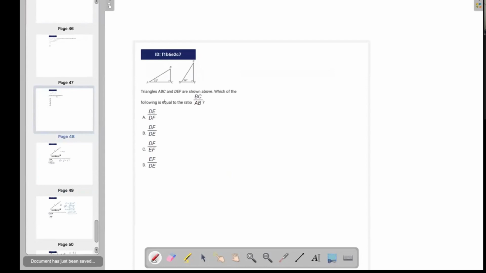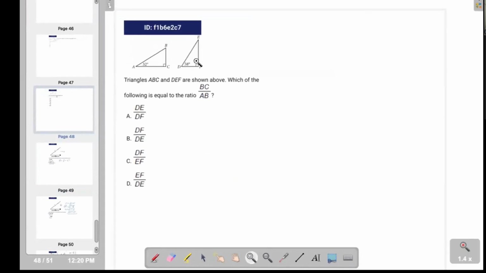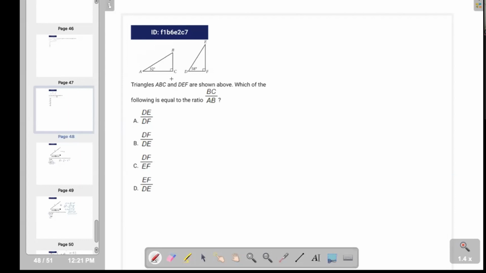All right, so here's our thing. We have two triangles. Sorry, it's hard to see the smaller ones. We have triangles ABC and DEF shown above. Which of the following is equal to the ratio BC over AB? All right, so let's do this one.